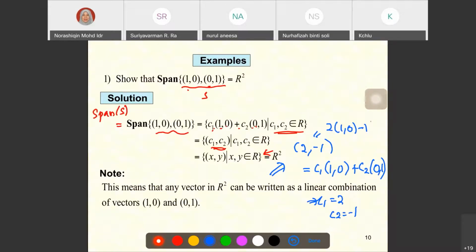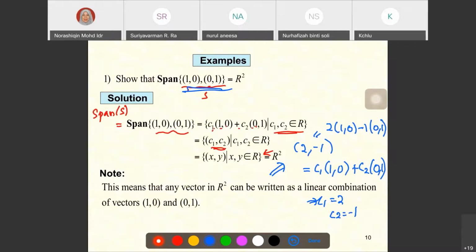Any vector you take from R2 can be written as a linear combination of (1, 0), (0, 1). This is the example I give.